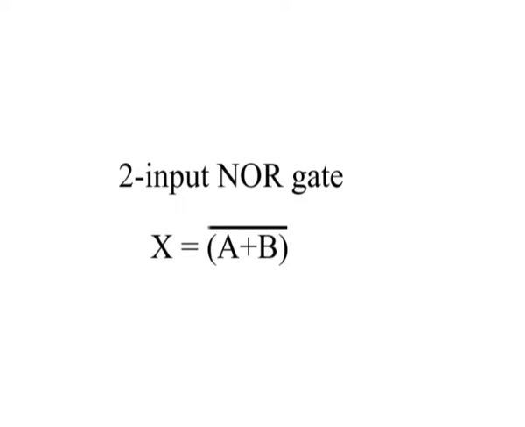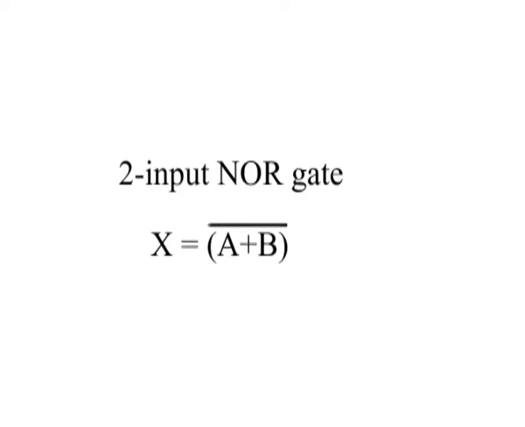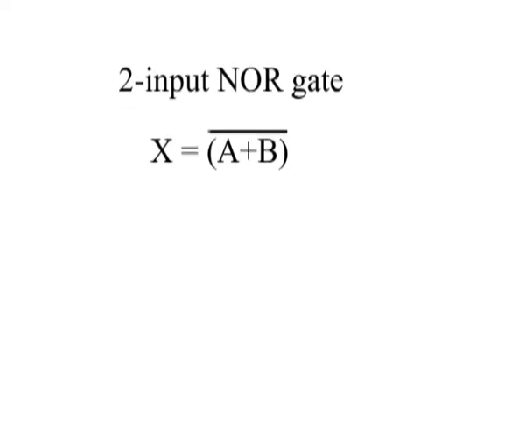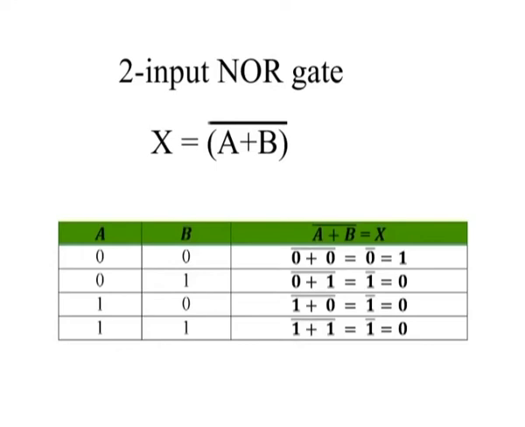Evaluating this expression, you get the results shown in this table. The NOR expression can be extended to more than 2 input variables by including additional letters to represent the other variables.